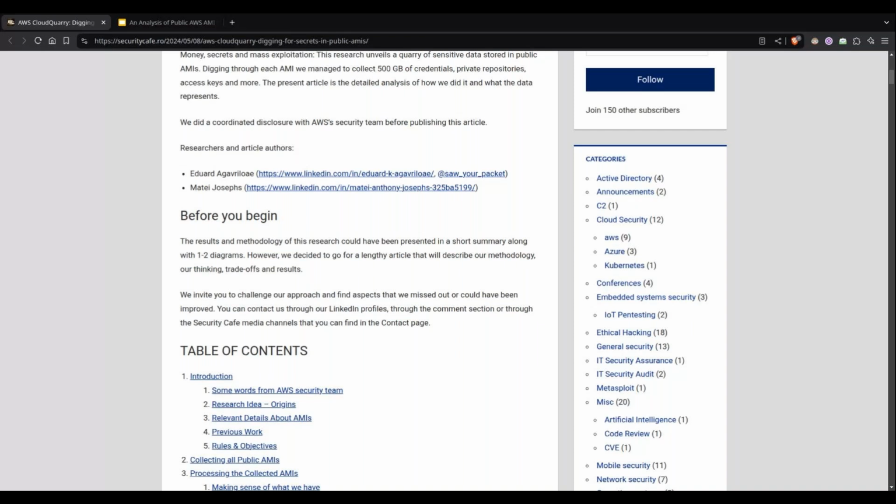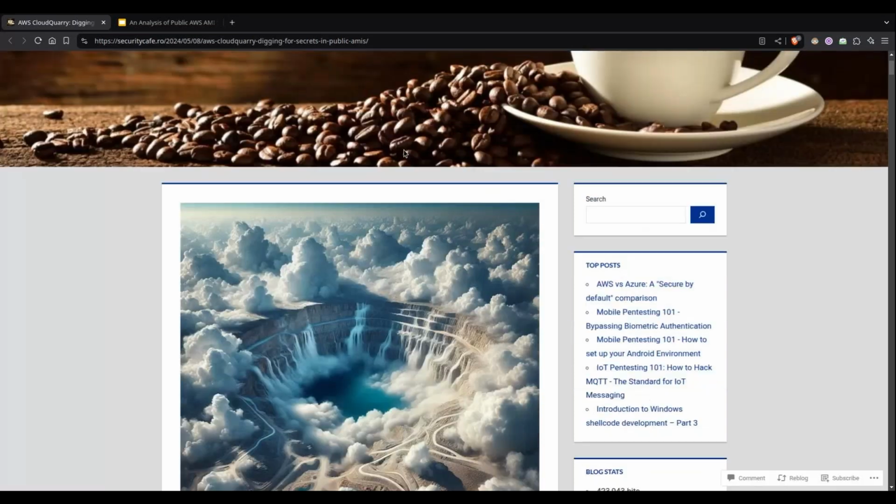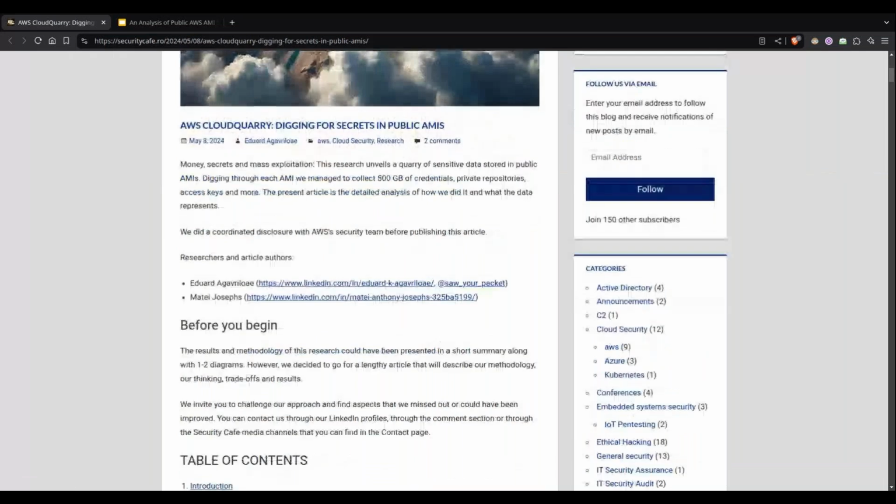After the contract, he was curious if there were any public AMIs which had such credentials. Were there any major organizations which had public AMIs? And he started to research that. Here is the entire research, and it is quite lengthy. I would recommend that you go through that.